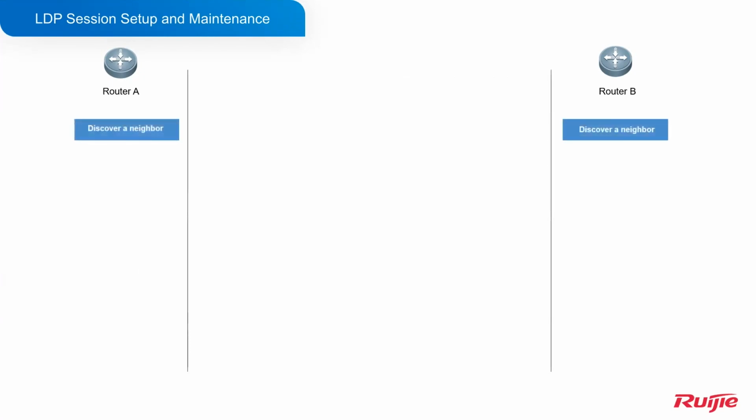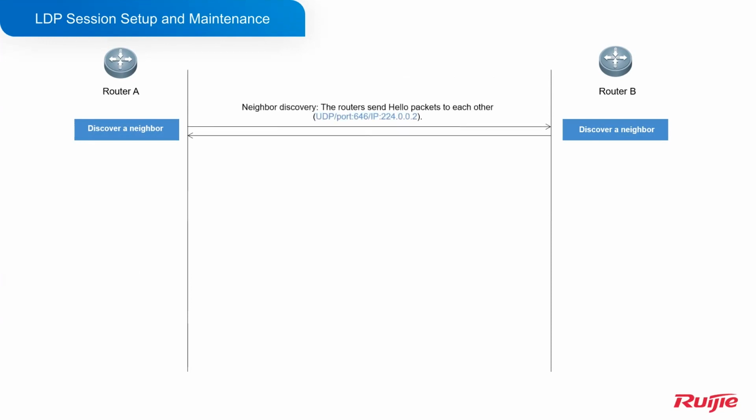And in the whole process, if we have router A and router B, first step, we have to discover a neighbor. We will send out the LDP hello packet. And for this packet, we will use UDP to encapsulate the message. And the port number is 646. And this packet is a multicast packet.